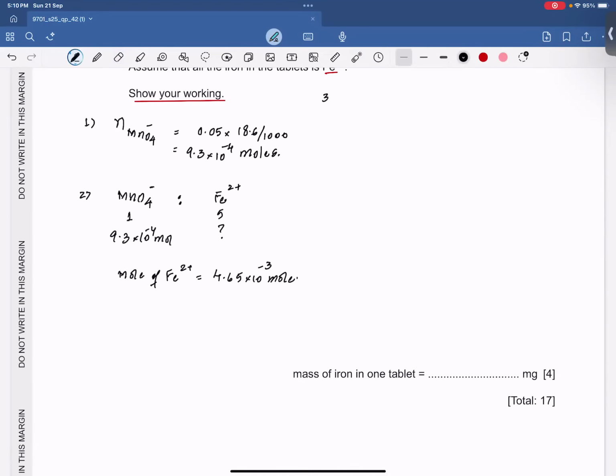And the third step: 25.0 cm³ contains 4.65 × 10⁻³ moles of Fe2+ ions. We have used 150 cm³ for dilution, so the moles of iron(II) ions in this dilution is going to be 0.0279 moles.